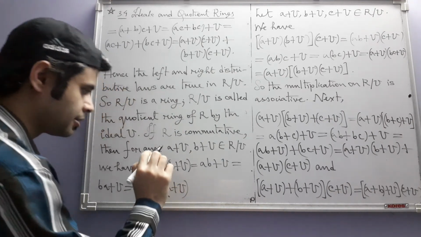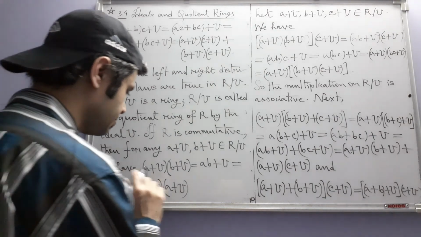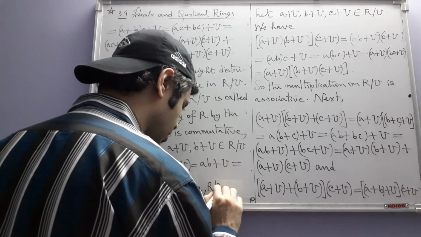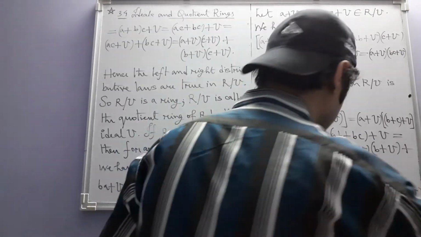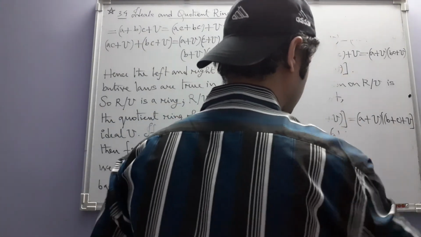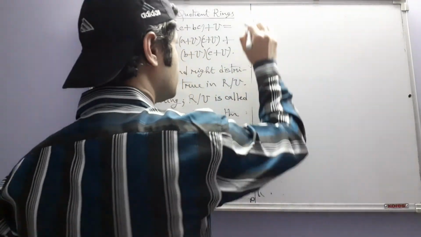So the multiplication in R by U also becomes commutative. That is, R by U is also commutative.